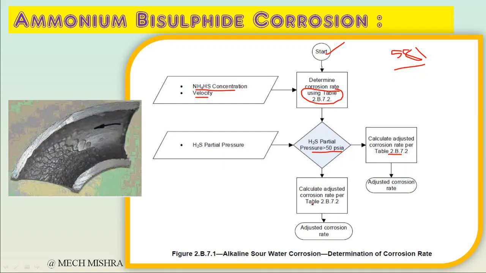If the partial pressure is lower than 50 psi, we can use that table only. So the critical factors are NH4HS concentration, velocity and H2S partial pressure. Now we will see this table.